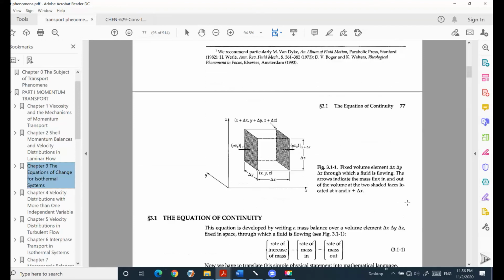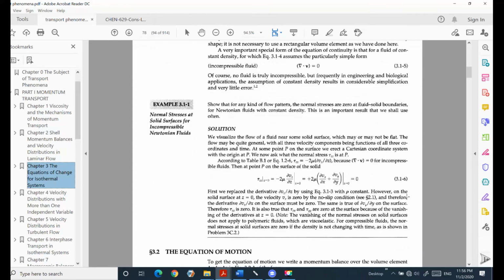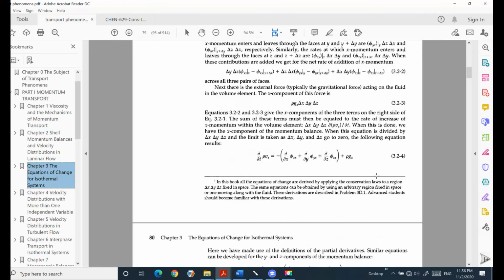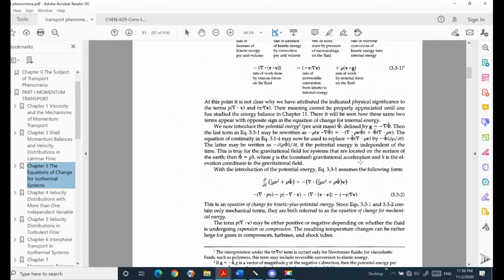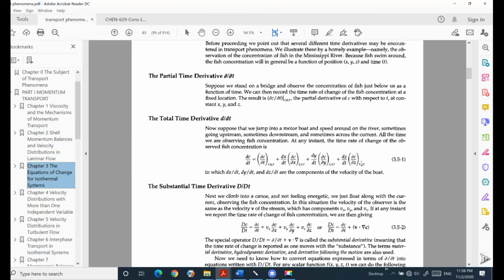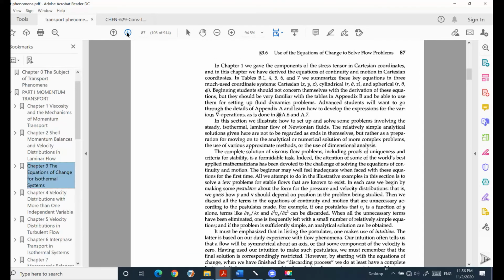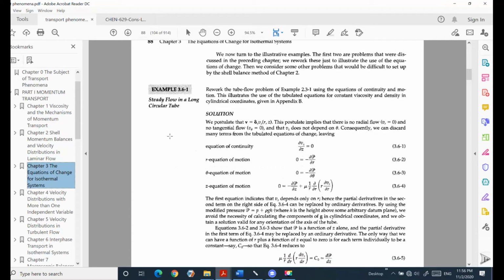Chapter 4 was about the velocity dependency for more than one variable. In chapter 3, in the problem solution part, steady flow in a long circular tube.